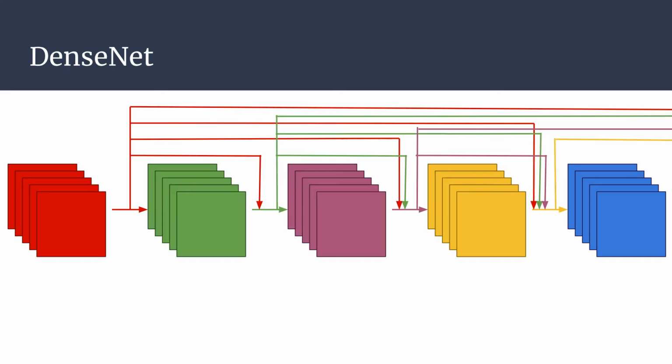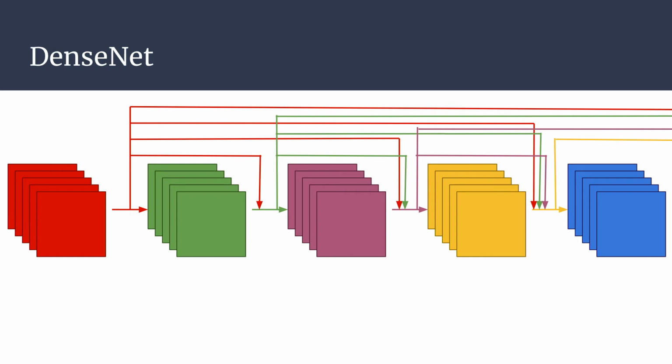The next architecture I want to talk about is DenseNet, which is basically a ResNet on steroids, because it introduces skip connections basically everywhere that you could have them. So every layer has all of the inputs from all of the previous layers.